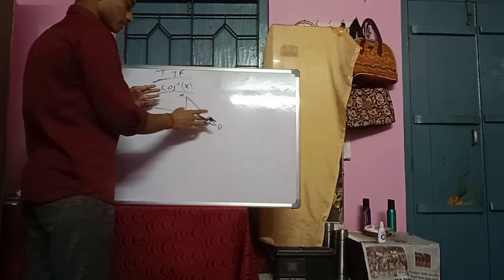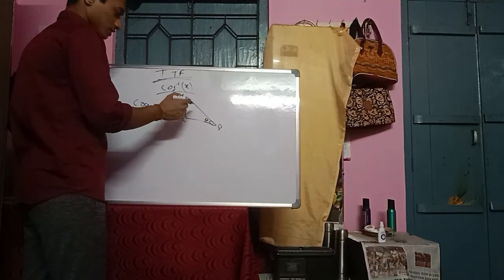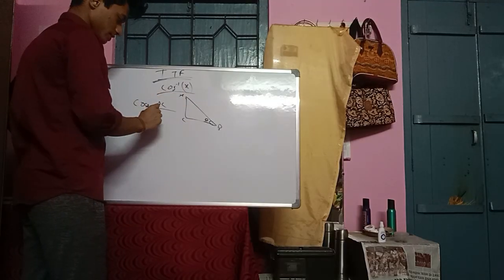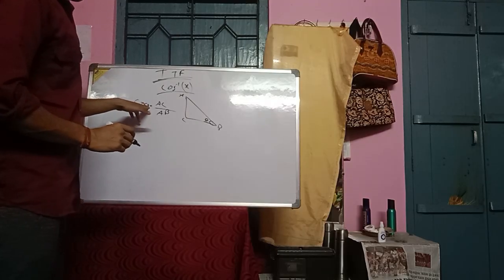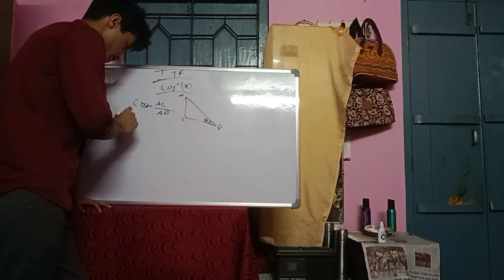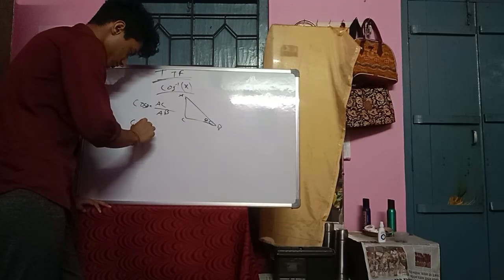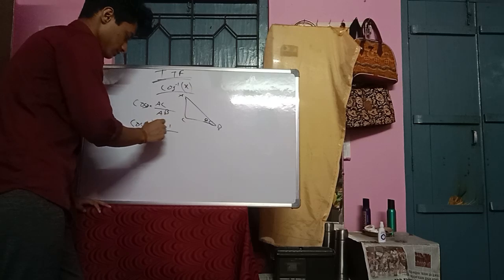From the perspective of this angle, the height is AC, the hypotenuse is AB. This is going to be the output of the cosine function. Let's say the value of theta is 60 degrees. In this case, this output's value is 1/2.